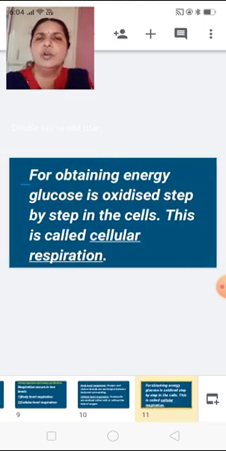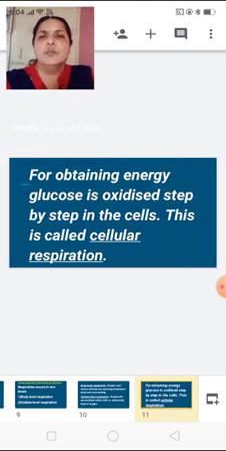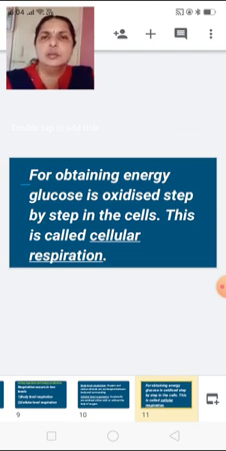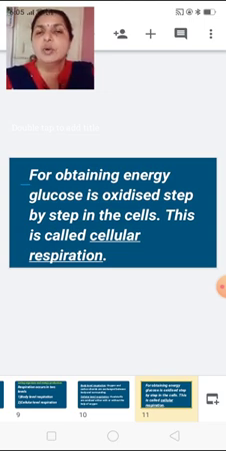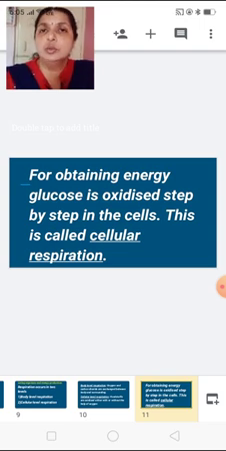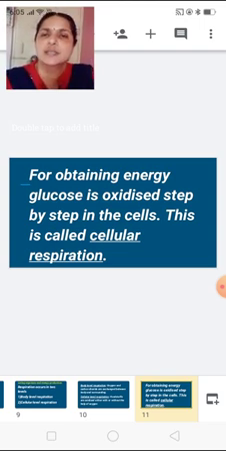Now, for obtaining energy, what happens in the cell? The glucose is oxidized step by step. Glucose is a type of carbohydrate. I told you all the energy is stored in the cells, in the mitochondria.